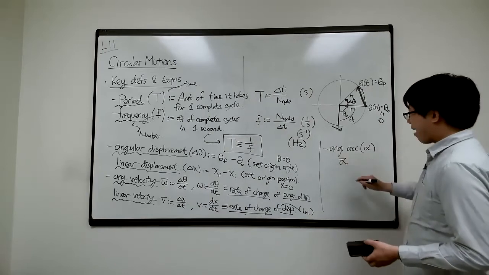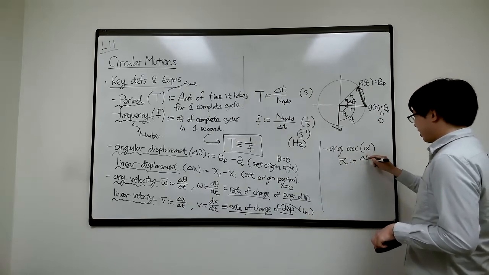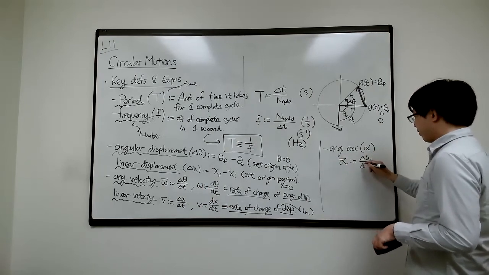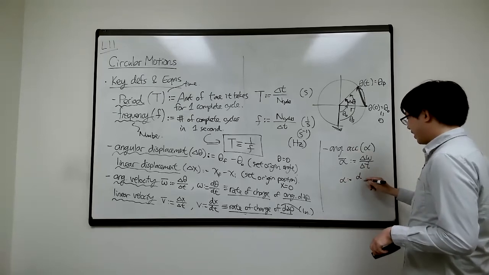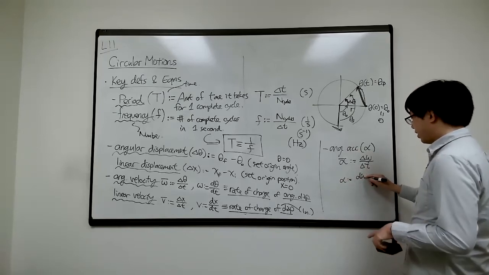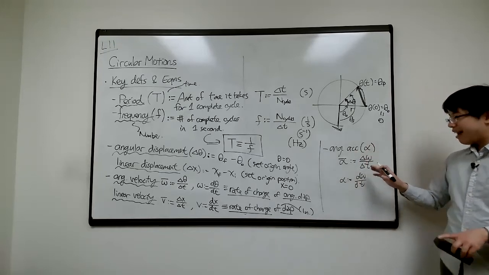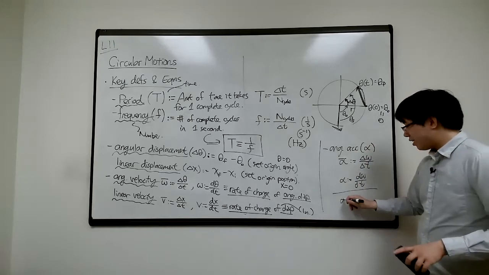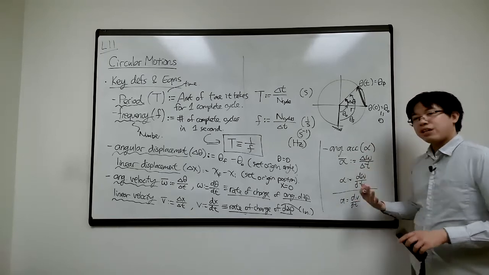You can have average angular acceleration, which is the change in angular velocity over the time taken, but the instantaneous angular acceleration is the instantaneous rate of change of this. It's the same thing as the linear, a direct generalization. Instead of dv/dt, you do d omega/dt.